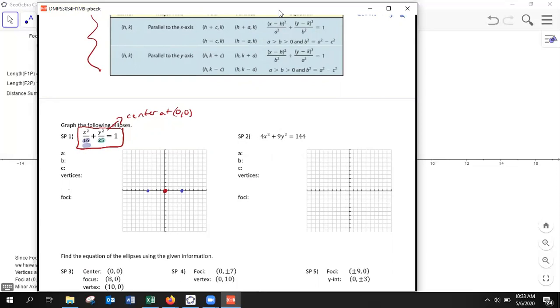And if I go the square root of 25, so 5 units vertically, we end up here and here. That's where we're going to get our ellipse. So let me use red to finish off this.